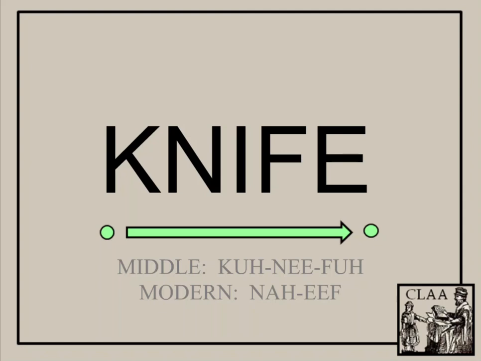The long E in the middle of the word is going to become I, and the final schwa will become silent. In Middle English, we would read this word as knifa. But in modern English, we read this word as knife.